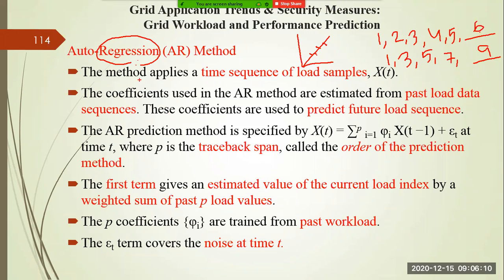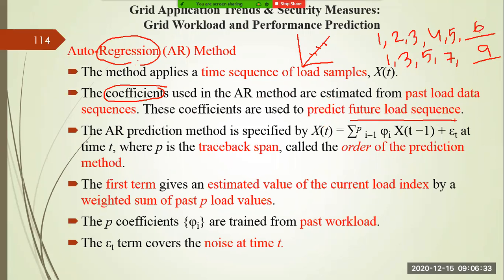In the first case, the difference between each number is 1; in the second case, the difference is 2. Based on this past load data sequence, we are going to predict the future load sequence.